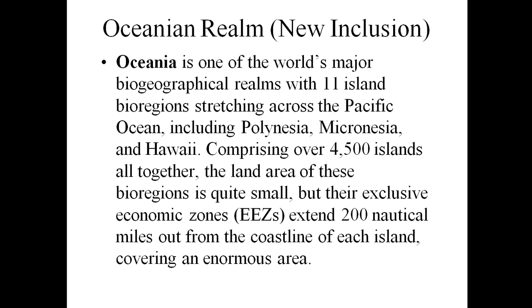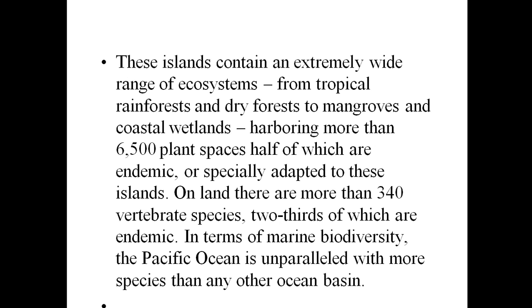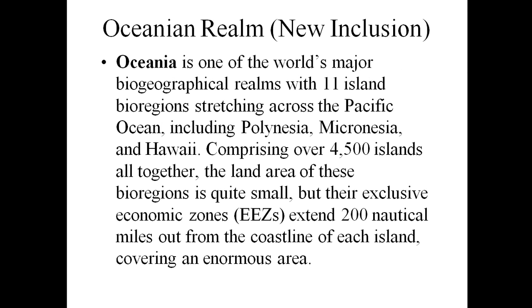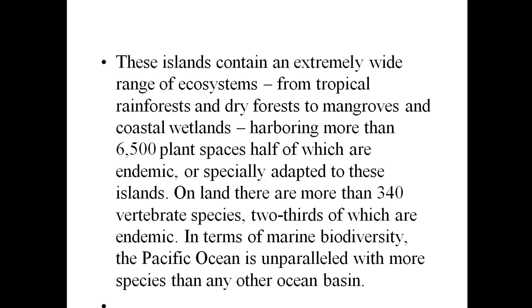So these islands may be small, but they are independent nations and they have their own exclusive economic zone up to 200 nautical miles out from the coastline of each island. As a result, it covers an enormous area. And I have told you there are almost 4,500 islands.